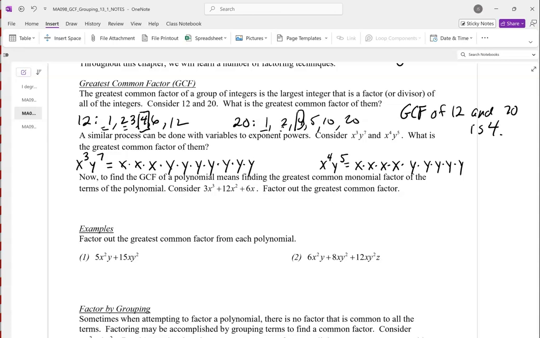They both also have a y in common, so y would be a common factor. But it's not the greatest common factor, right? Because not only do they have one x in common, how many total x's do they have in common? 3, right? And not only do they have one y in common, how many y's do they have in common? 5, right? So we notice that, let's see if I can change my color here. Maybe.